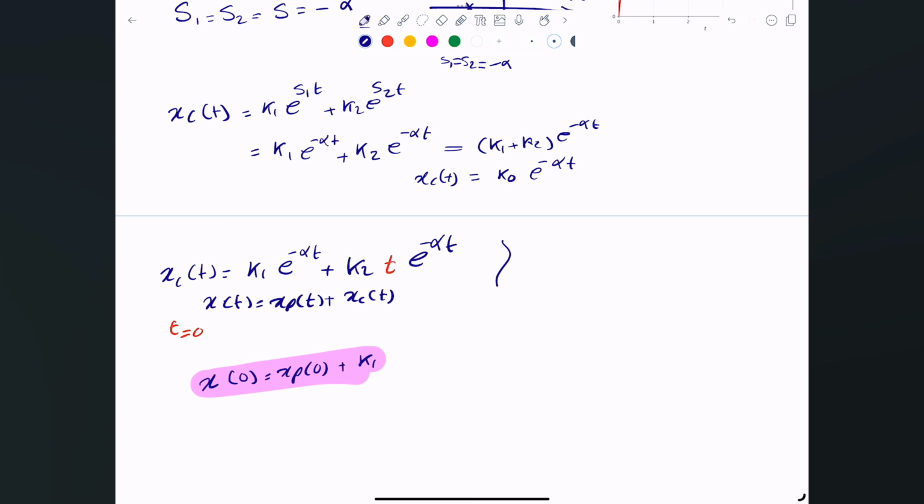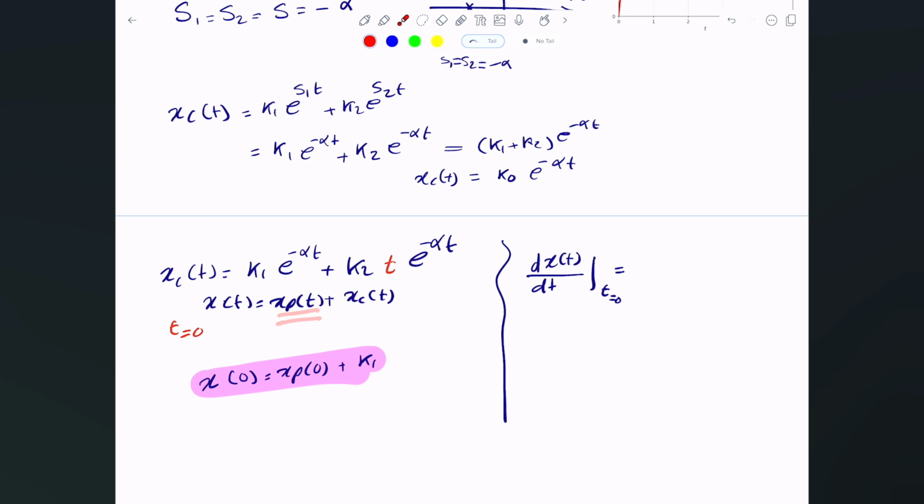Now the second initial condition that we can use is dx of t evaluated at t equals 0. If the particular solution happens to be constant, that means its derivative evaluated at 0 or any other value will be 0. So I'll just focus on the complementary solution because we're talking about DC sources in here.